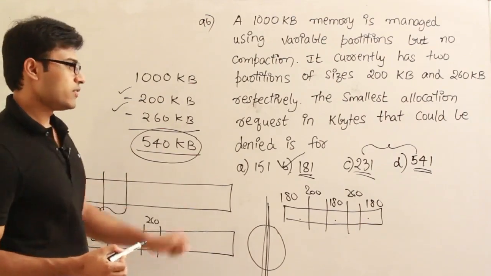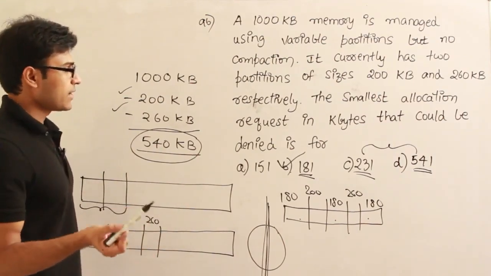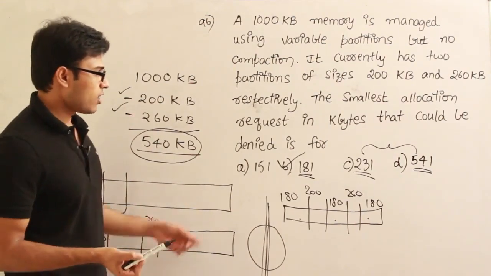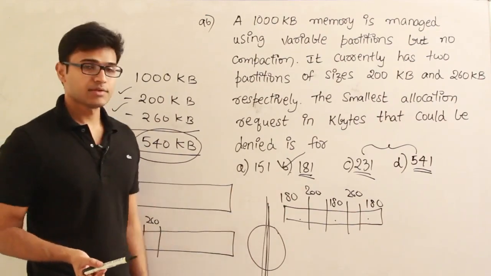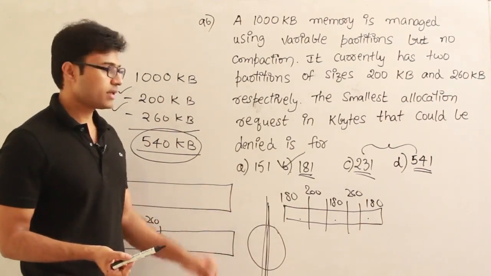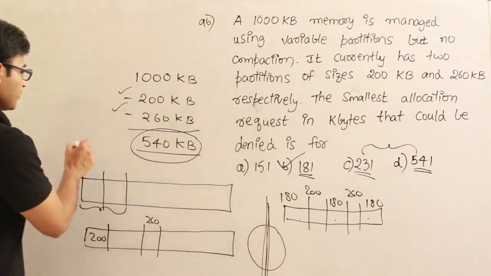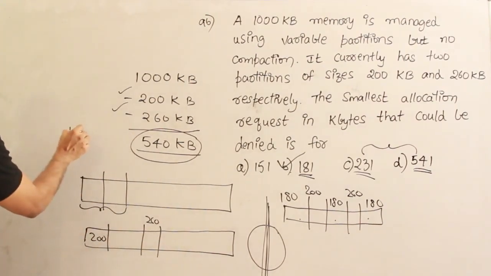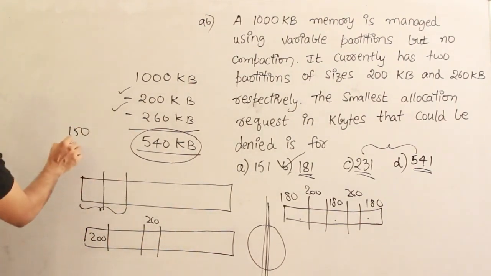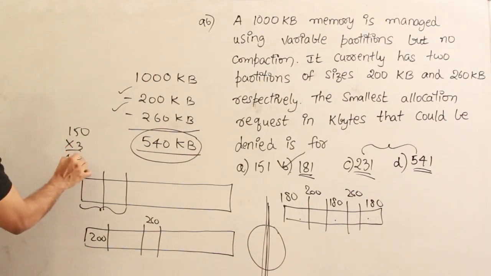Now why not 151? If 151 has to be denied, then all the three partitions possible have to be smaller than or equal to 150. If all the three partitions have to be at most 150, then 150 is allowed, right? Then if I have three partitions of size 150, then it is going to be 450 size, right?